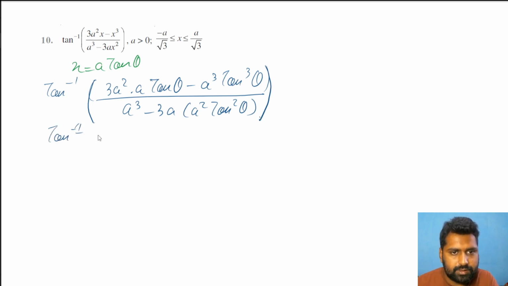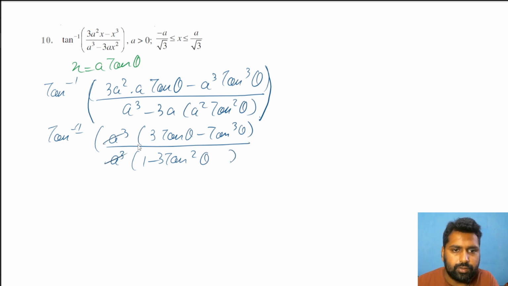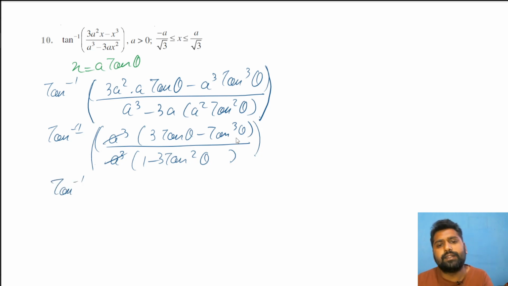In the numerator you get a cube common, 3 tan theta minus tan cube theta. In the denominator you get a cube common, 1 minus 3 tan square theta. A cube cancels. This becomes tan inverse of 3 tan theta minus tan cube theta upon 1 minus 3 tan square theta.